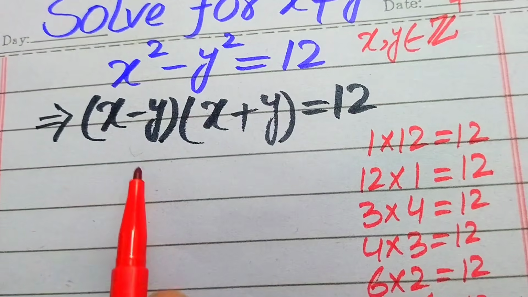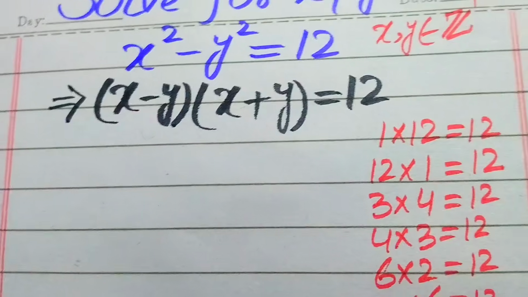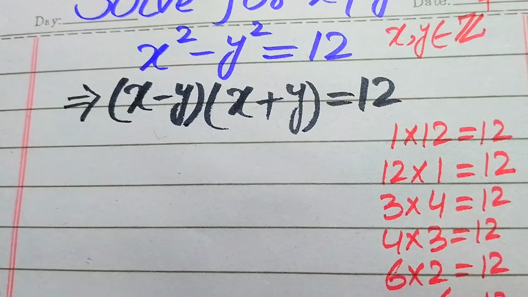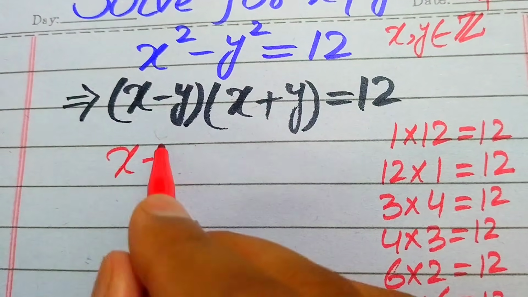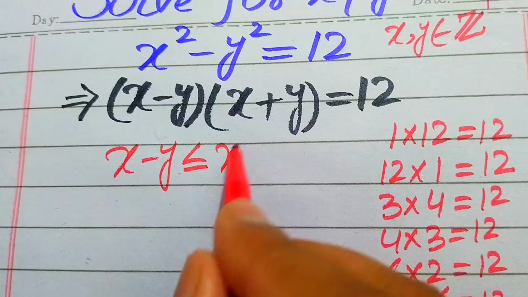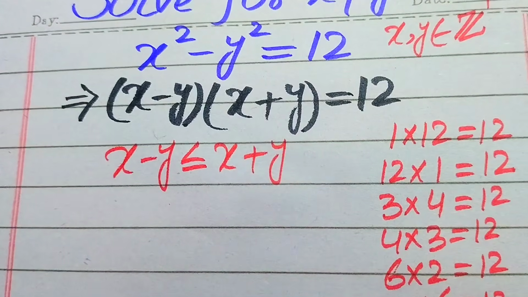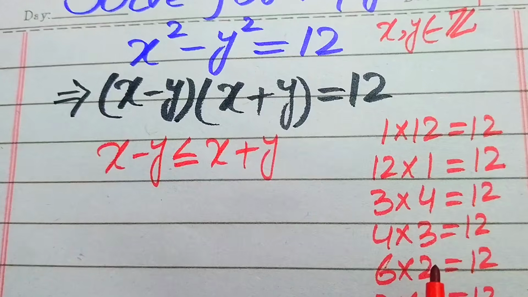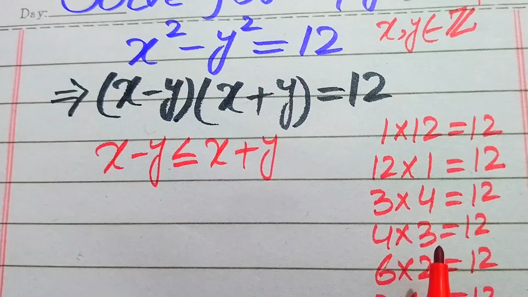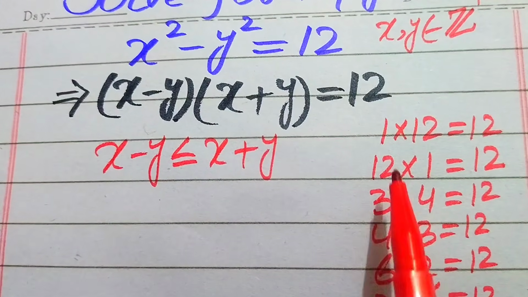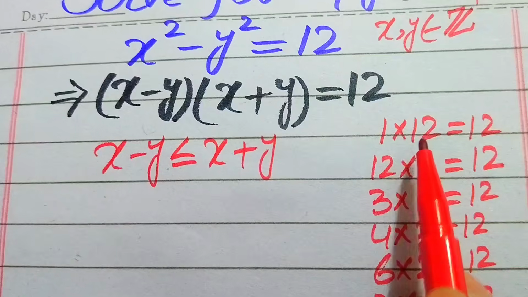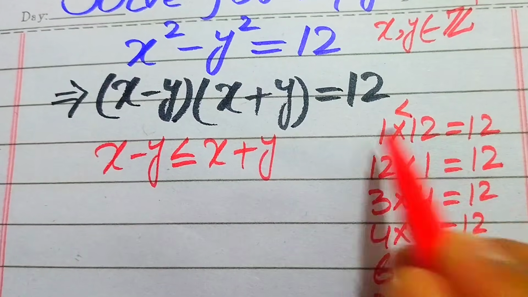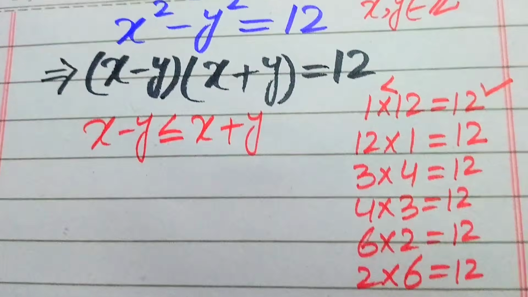If we make the relation between x minus y and x plus y, x minus y is always less than or equal to x plus y. So here we choose those possibilities in which the first number is less than the second number. If we compare 1 and 12, 1 is less than 12, so we choose this possibility.